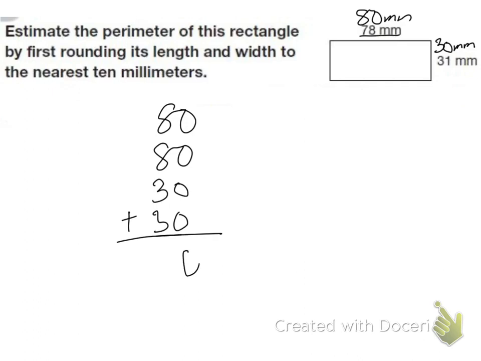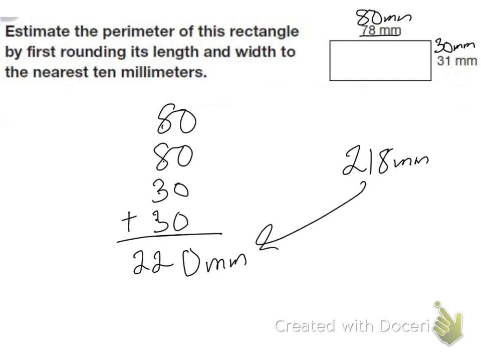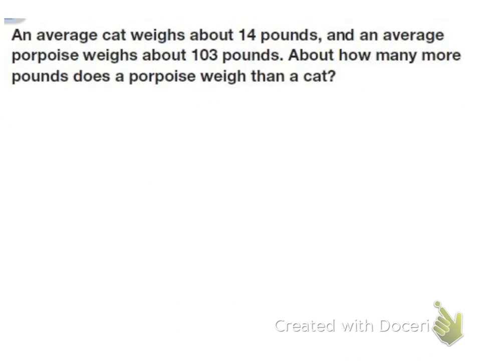So 8 plus 8 is 16, plus 3 is 19, plus 3 is 22. So my answer is 220 millimeters. We can explain why this answer is reasonable, because my exact answer would actually be 218 millimeters, and that's really close to my estimation.